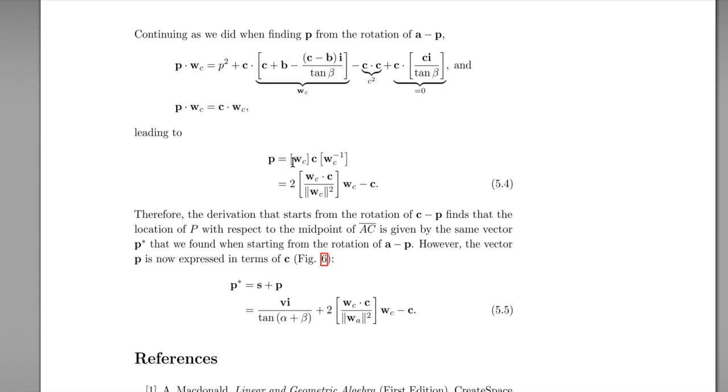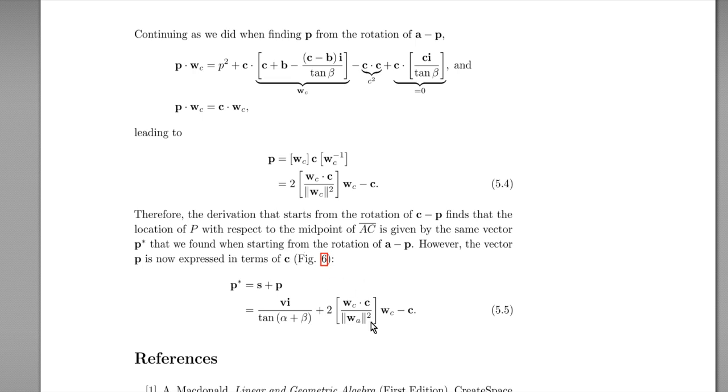So this is the formula for the reflection here. P is WC times the vector C itself times the inverse of WC. And of course, just looking at this on the screen, it goes kind of fast, but the calculations and the manipulations are not at all difficult, and it ends up being quite a simple solution.